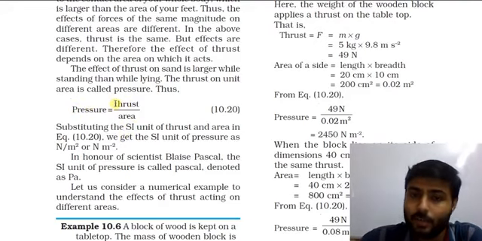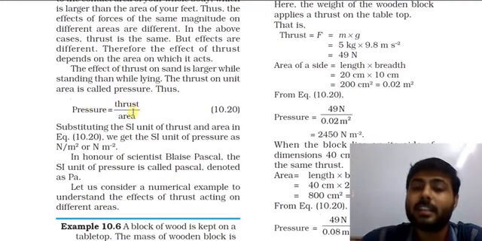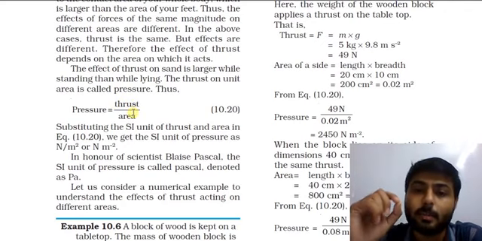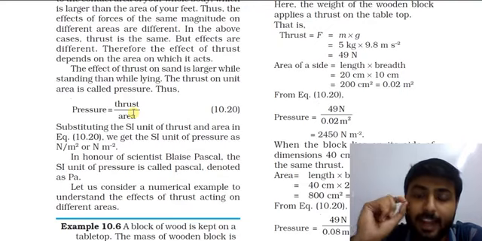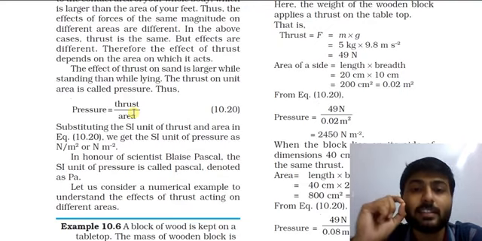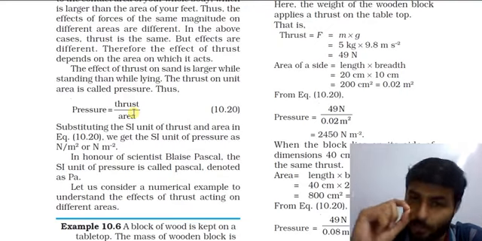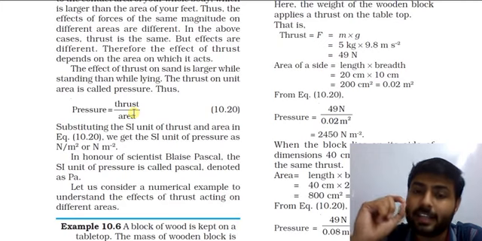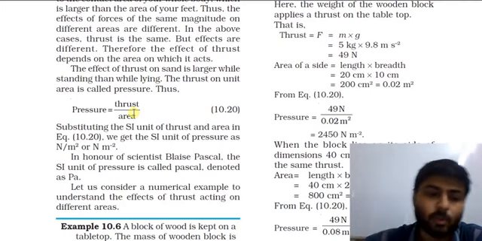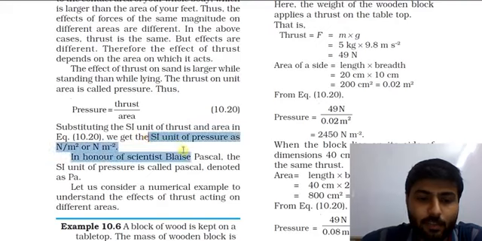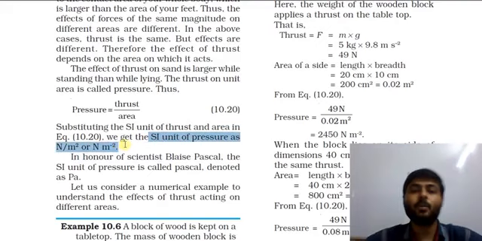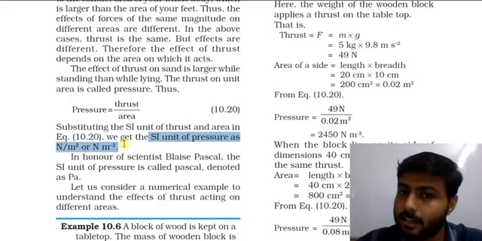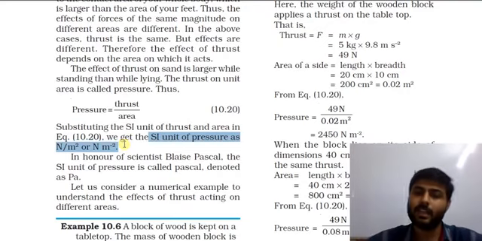So the SI unit is Newton divided by the SI unit of area, that is length multiplied by length, and the SI unit of length is meter. So meter into meter is meter square. So we have the SI unit of pressure as Newton per meter square.